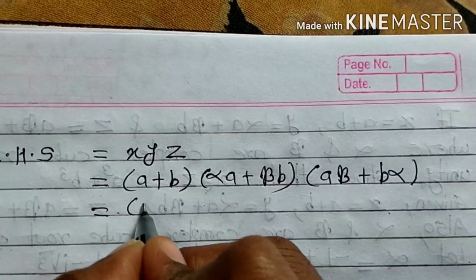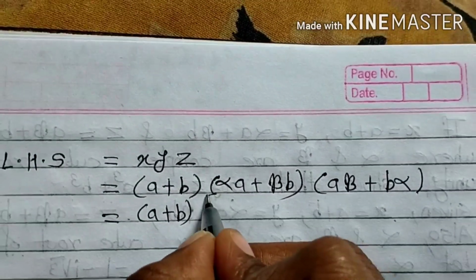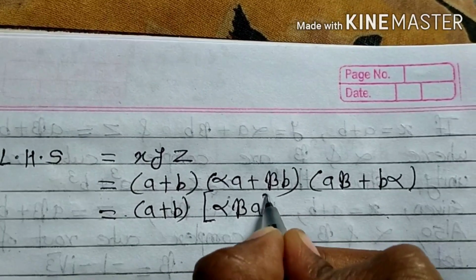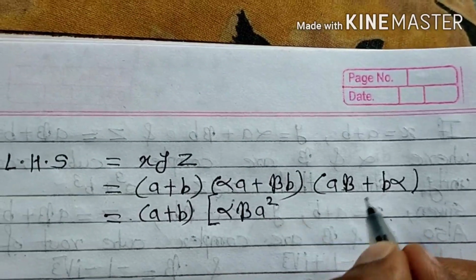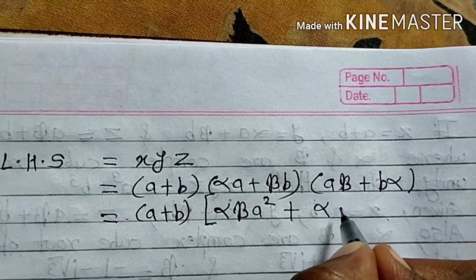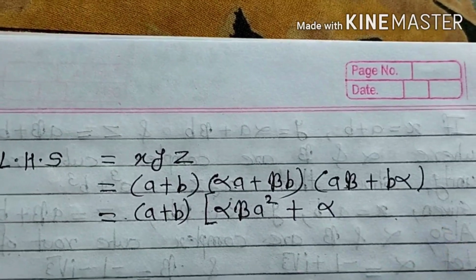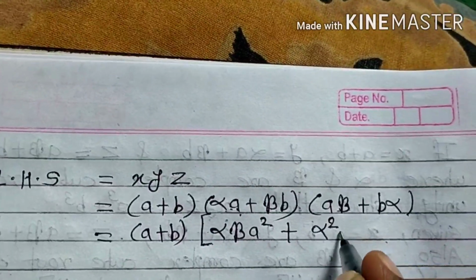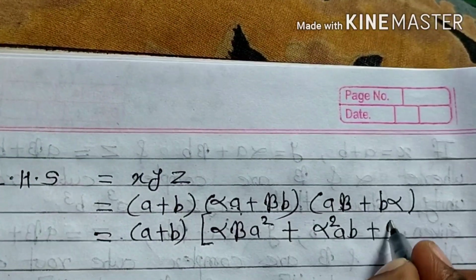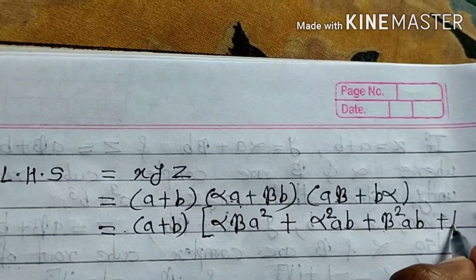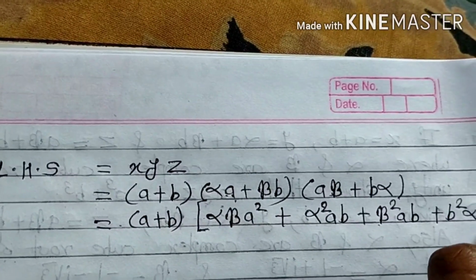Now multiply in this bracket: alpha beta a square, next alpha square ab plus beta square ab plus b square alpha beta.